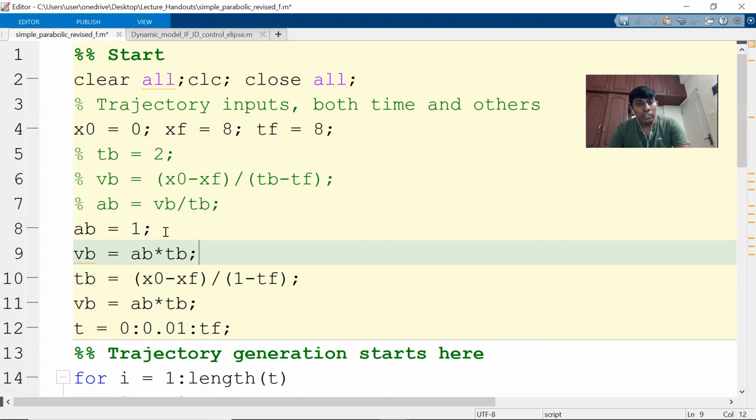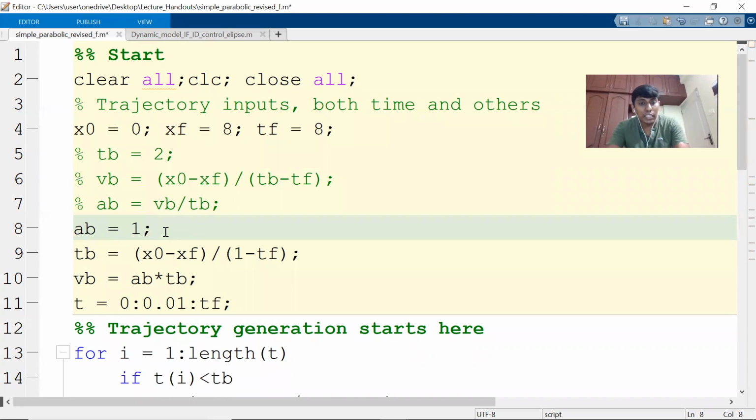So in order to avoid that quadratic equation, I try to make it 1. Okay, so anyhow that is a quadratic equation, so that is fine. So I hope now you are clear what I mean to say by the quadratic equation. In fact, this is just for our understanding I made this, but it's supposed to be a quadratic equation. So that needs to be solved. So you can solve that quadratic equation, and then you can get it.